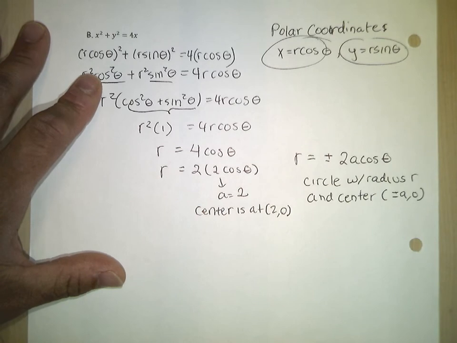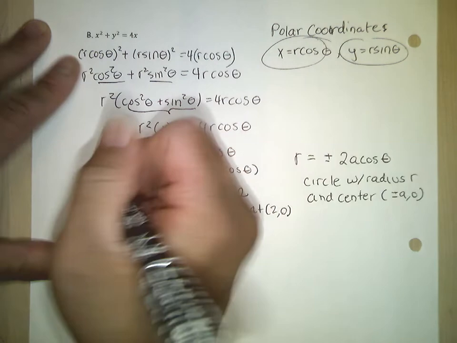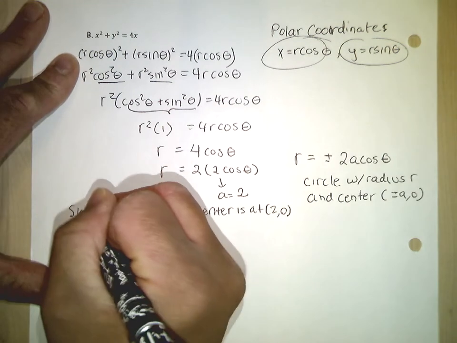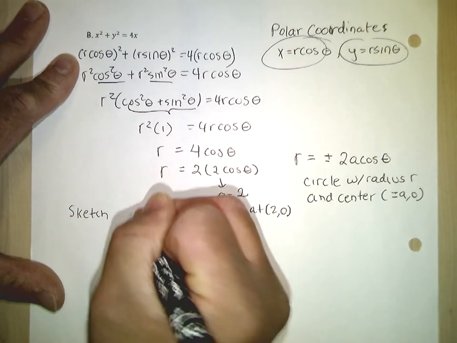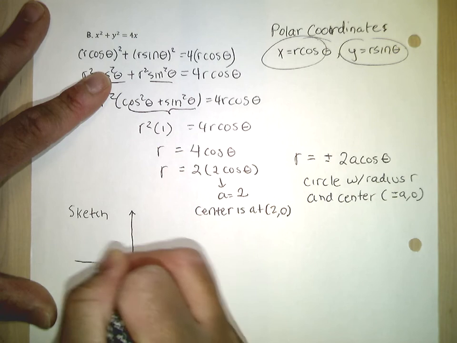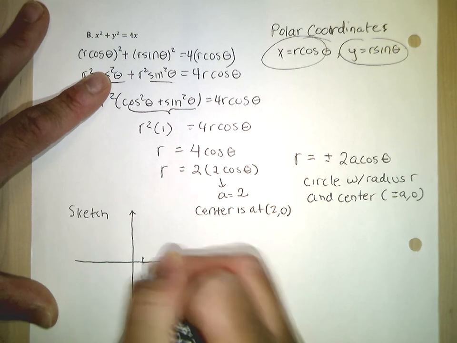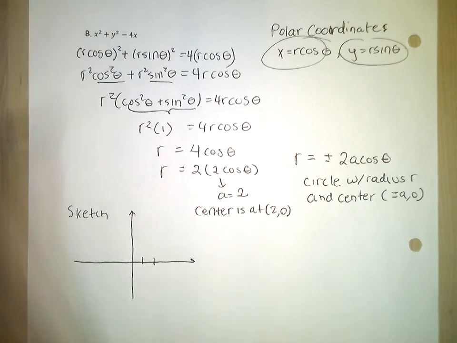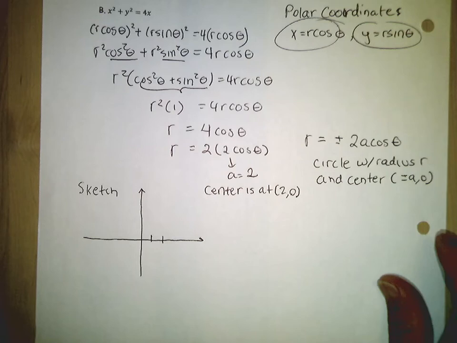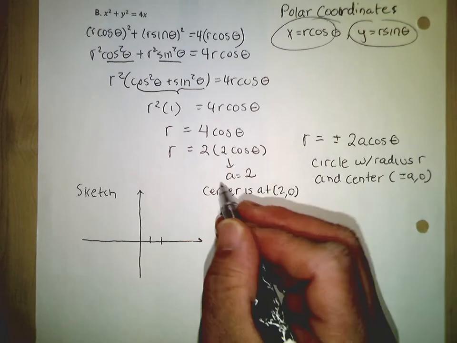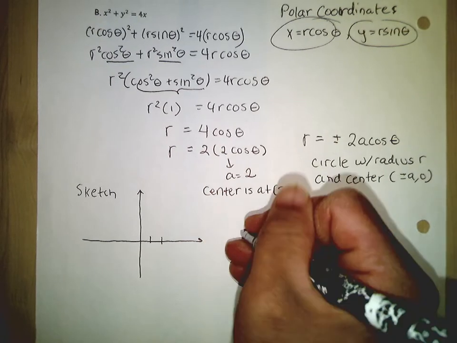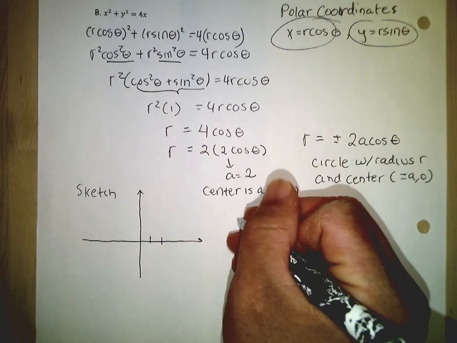All right, so we have a sketch of this now, and the center is at 2, 0, and the equation is 4 cosine of theta.